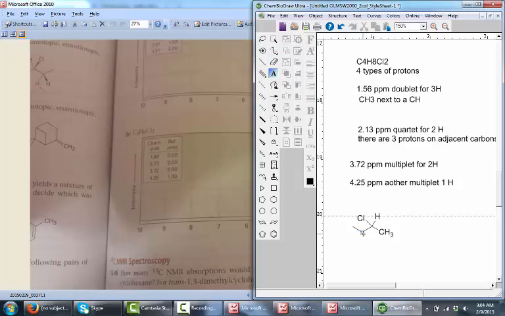Okay, and now let's see, this is going to be my 1.56 ppm signal. This H over here is going to be my one proton signal. We're going to do that the 4.25 ppm signal. Okay, and that makes sense because it's equivalent to only one proton, and also it's pretty deshielded because of its proximity, being on the same carbon as the chlorine.